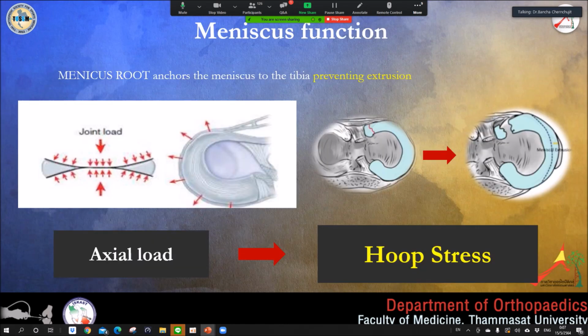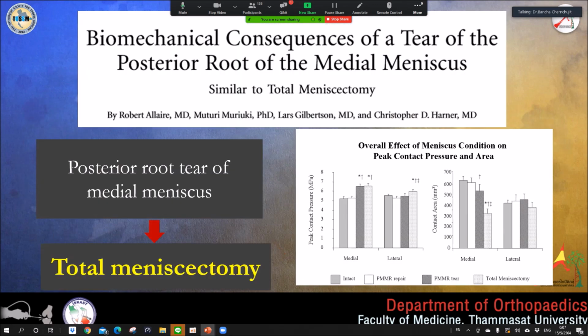So why is the root important? Because the meniscus root anchors the meniscus to the tibia, preventing extrusion of the meniscus. The root converts axial loading to hoop stress. So when you tear the root, the meniscus will extrude out of the joint because of loss of hoop tension.